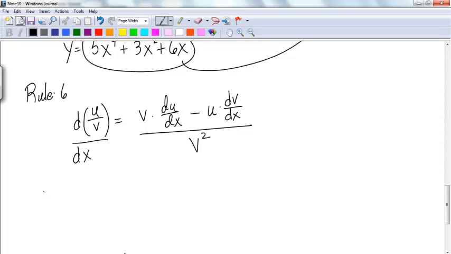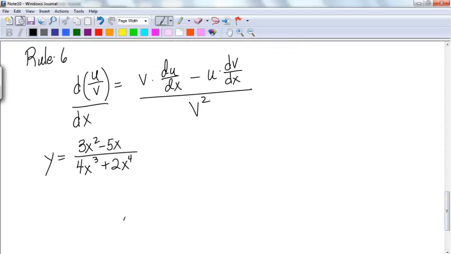So, example, if I said y equals 3x squared minus 5x, that's my u, and it's all over 4x cubed plus 2x to the fourth. That would be my v. Okay, so now if I do y prime, I start with the denominator.